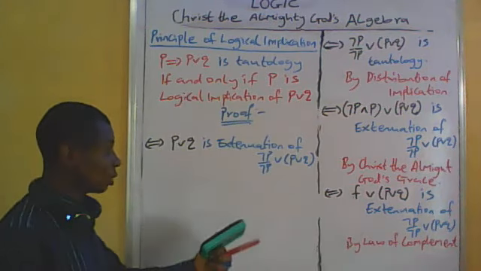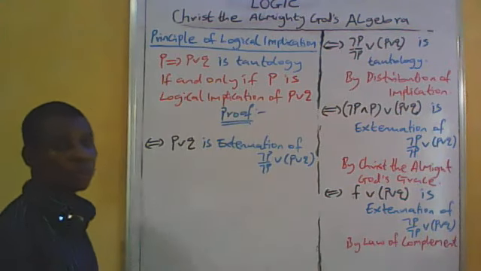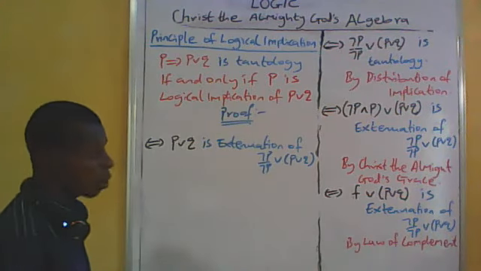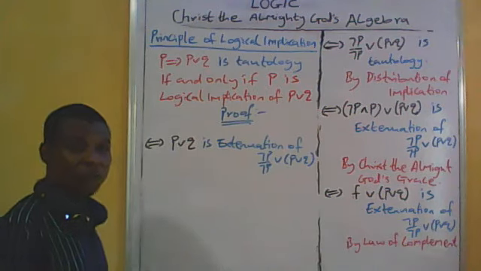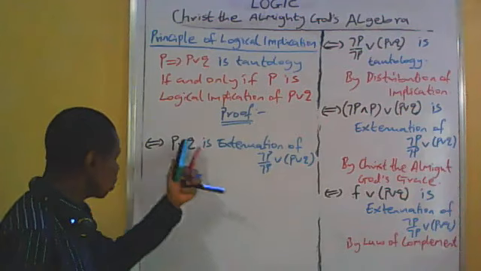So that's why we substitute this F or bracket P or Q with P or Q, being justified by a law of identity. Through law of identity, we substitute that F or bracket P or Q with P or Q.